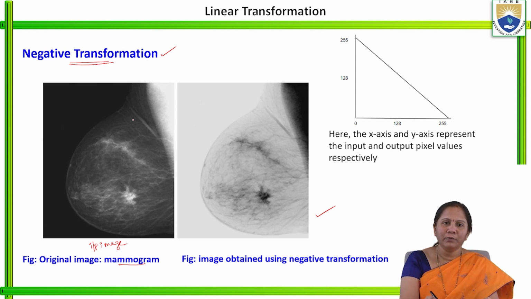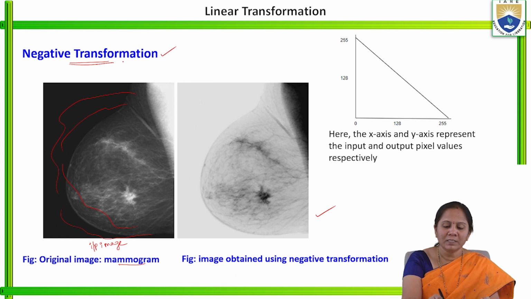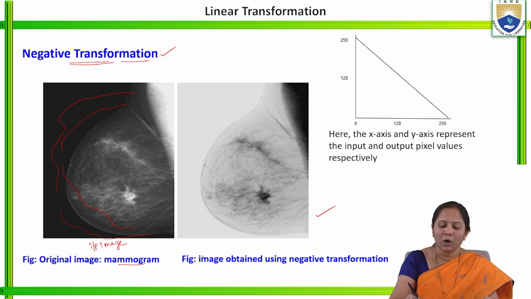So if you see here, this is the area where we can see all the black color. If you apply this negative transformation in the output image, this entire area will be represented with white color. So you can see here, this entire area here, it is white in color.